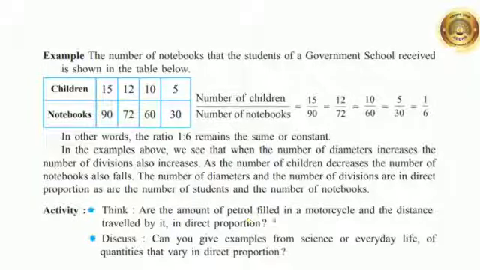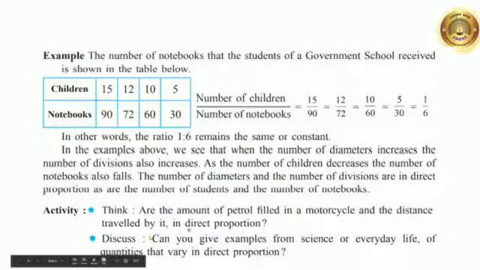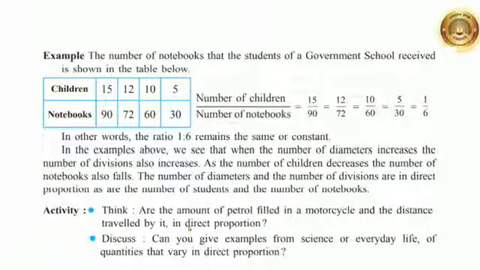The amount of petrol filled in a motorcycle and the distance traveled by it. Is it in direct proportion? Yes. If you have more petrol, you can travel more distance. If you have less petrol, you can travel only a small distance. So it is an example of direct proportion.